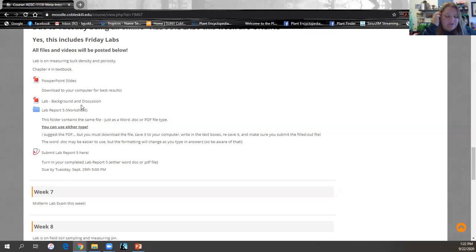And then also especially looking at two different types of soil, one that's a little bit more coarse textured and one that's a little bit more fine textured.